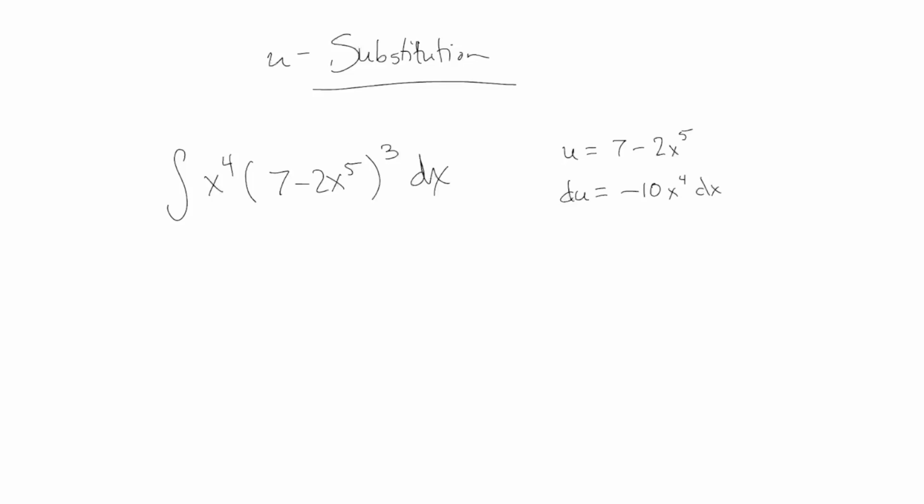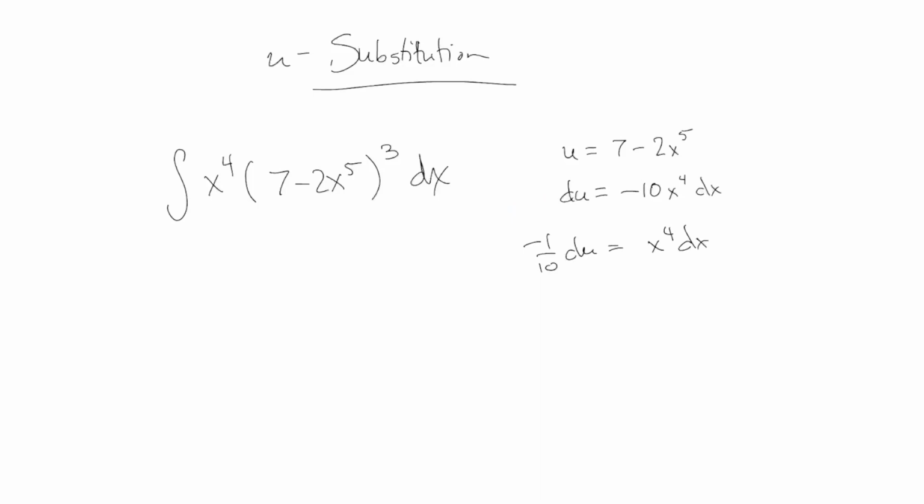And one last trick that we talked about towards the end last time: it is usually helpful to divide this constant. In your du, you often have a constant at the beginning, and it's almost always appropriate to divide it to the other side. So I'm going to write minus 1/10 du equals x to the 4 dx.